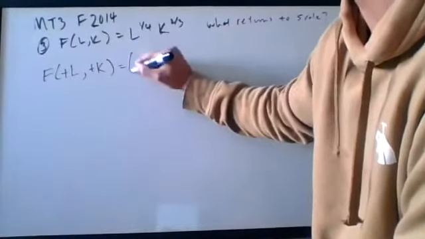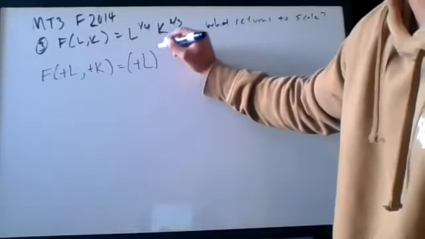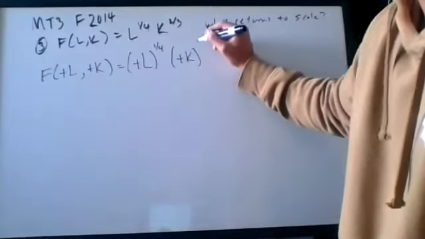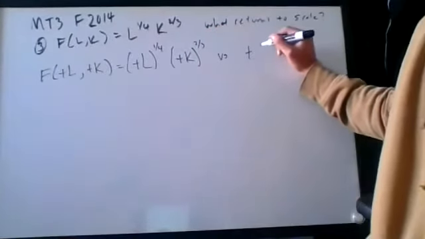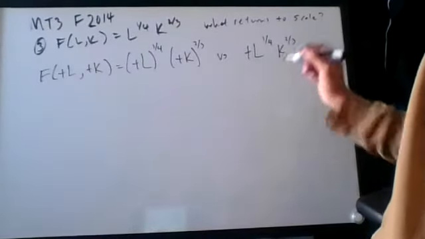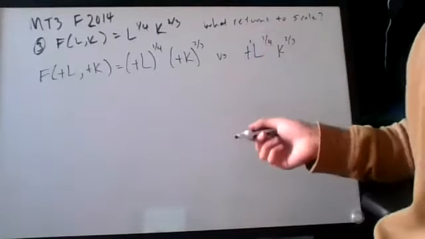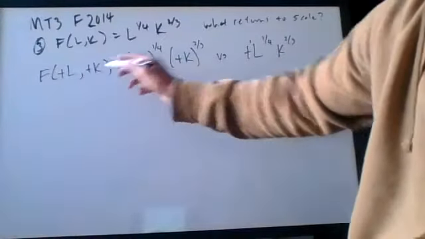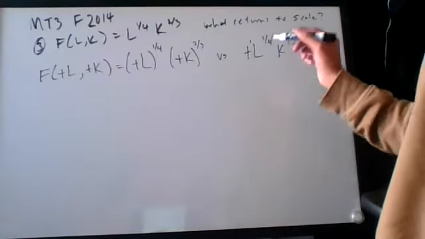The way that we do this is we attach a constant t to each of our inputs, and we compare this versus t times L to the 1/4, K to the 2/3. Clearly t here has just an exponent of 1. We want to see whether this is greater than, equal to, or less than this.